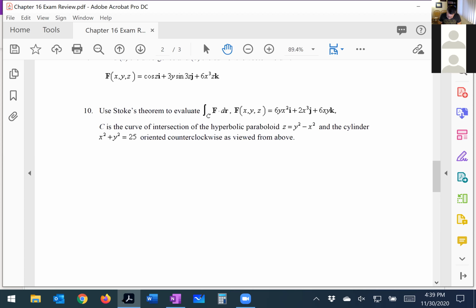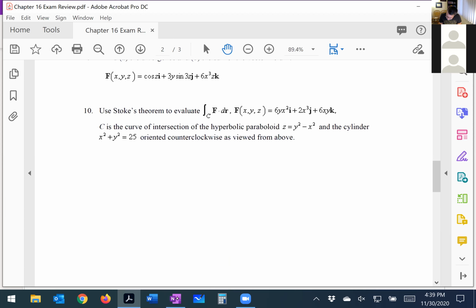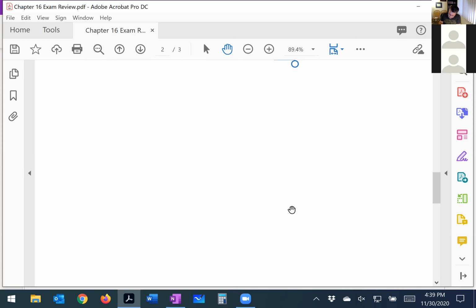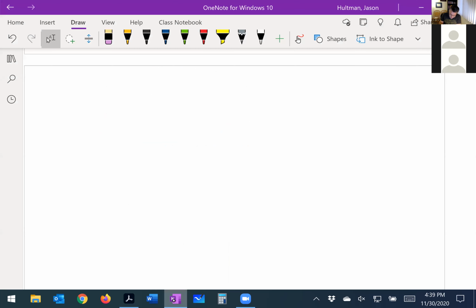It's kind of cool. Okay, so we need our F, which is this thing right here. Do I have room to do it here? I'll go back to the way they were. So we have z equal to y squared minus x squared, and we have x squared plus y squared equals 25.